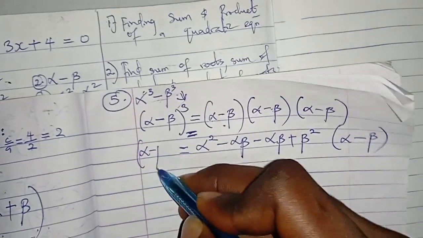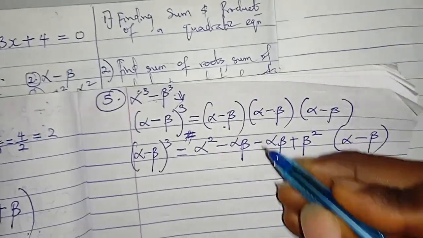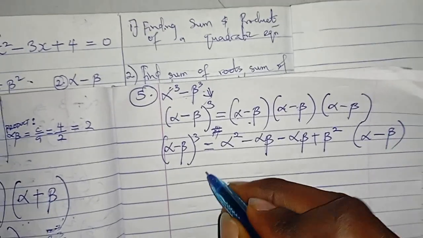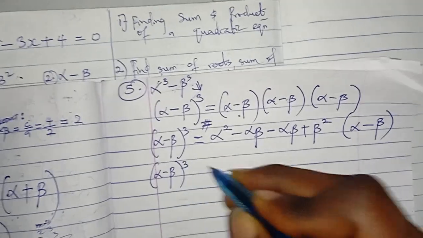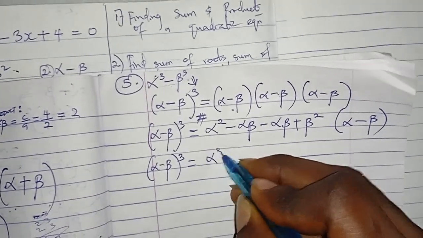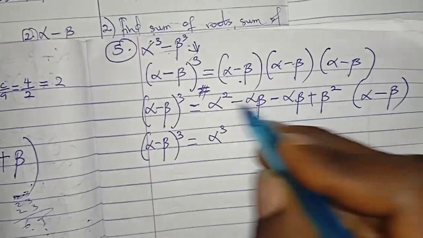So alpha minus beta all cube is equals to, times this. To be honest, binomial expansion is the best. So I will get alpha cube. I'm doing this so that you see it's coming to life.